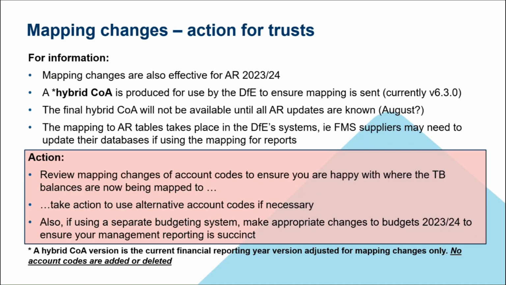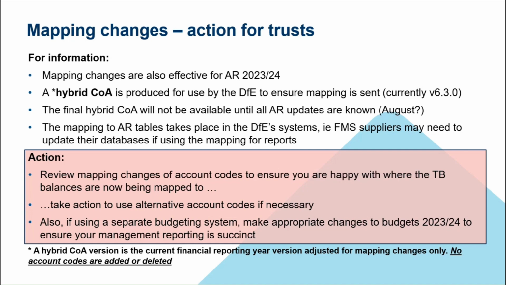So with the mapping changes, because the updates to the chart of accounts are always forward-looking in terms of adding and deleting new account codes, we will never add or delete account codes within year, but we will make mapping changes within year, and that could potentially happen until the end of August. So I don't think that there's anything else that's going to be changing this year. I think we've done all the changes.